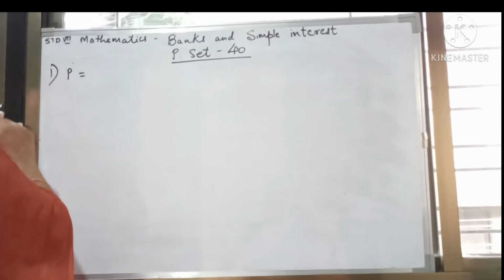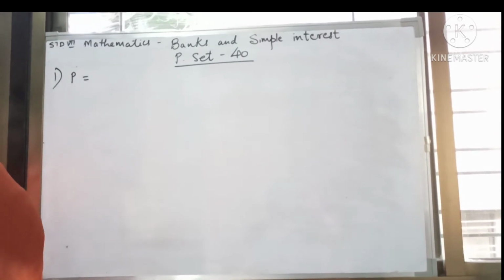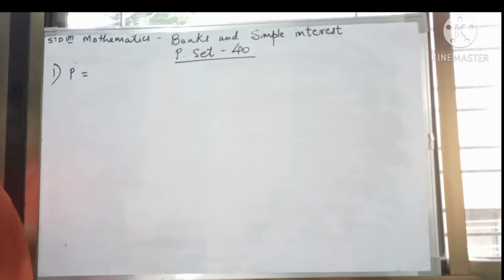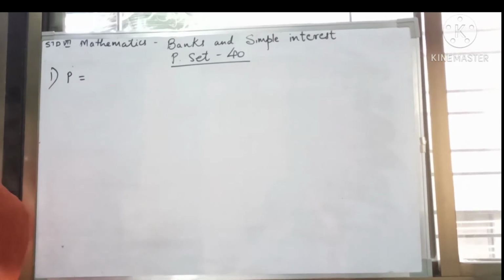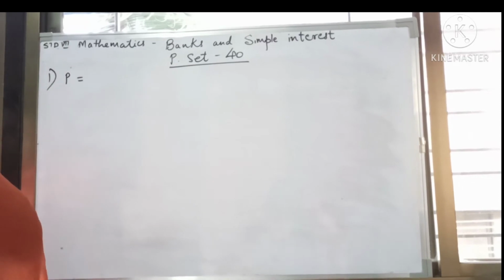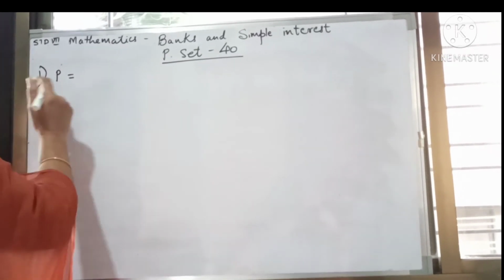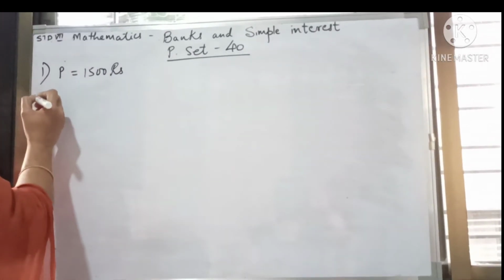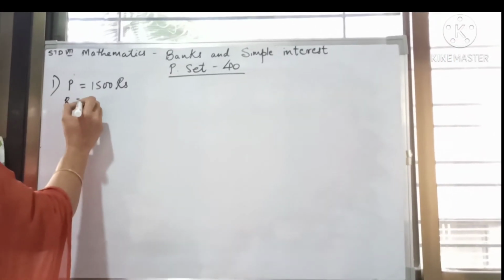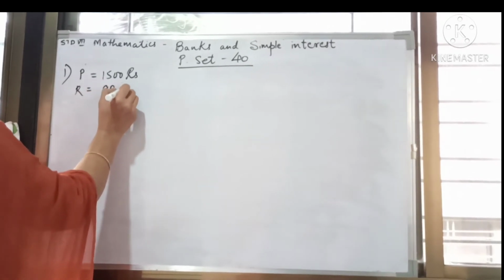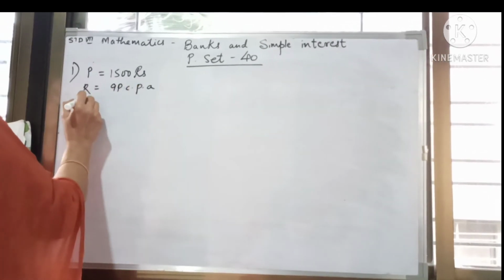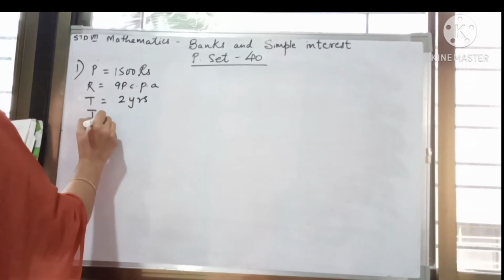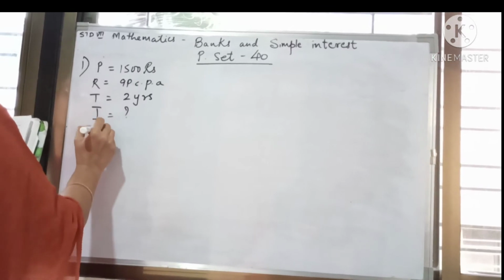Principal is equal to ₹1,500. Then rate of interest is equal to 9% per annum. Time 2 years. We have to find out interest and find out amount.